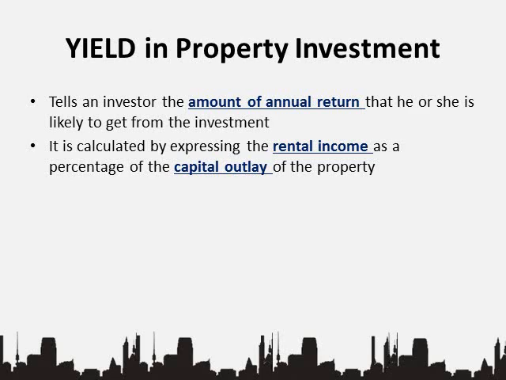That annual income is then used to calculate the percentage of yield, by dividing the yearly rental income by the capital outlay, the capital issued at the earliest stage of investment.